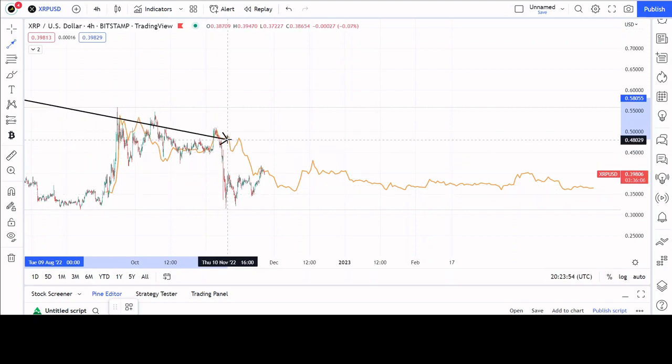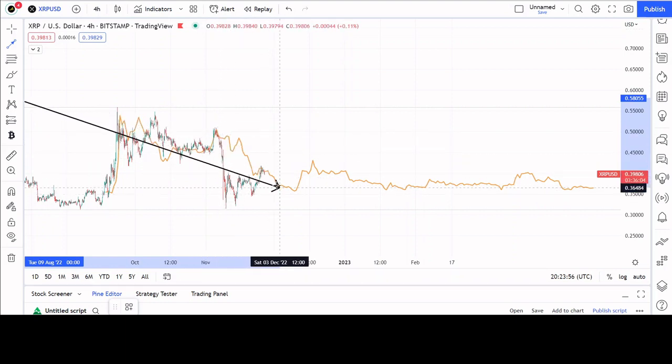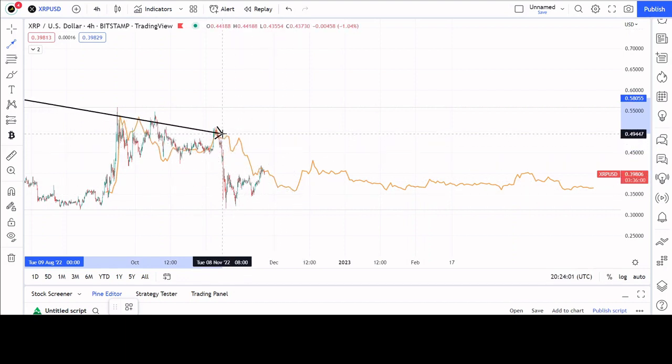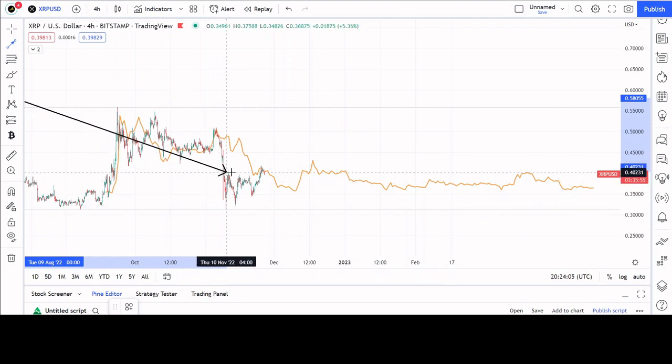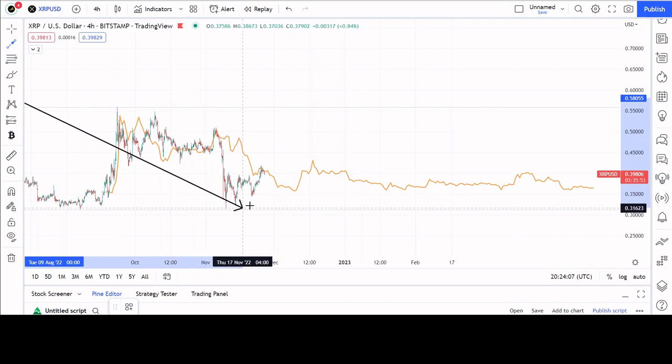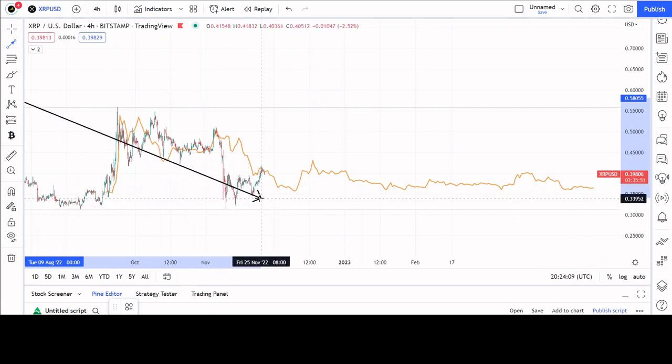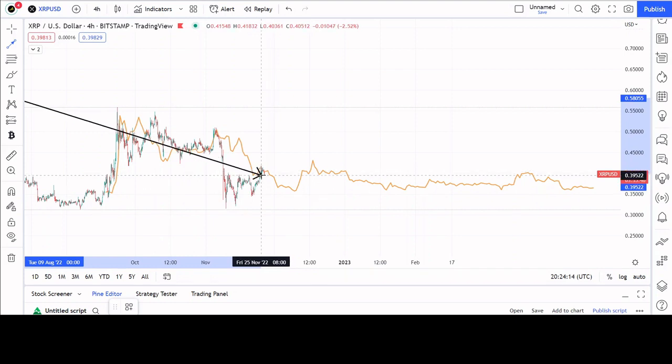Now, in 2018/19's fractal, this decline took a while to play out. Today's chart, it happened really fast. It dropped. And in my previous video, I mentioned how I thought that this right here could go sideways before moving up. Well, it moved up a lot faster than I thought it would.